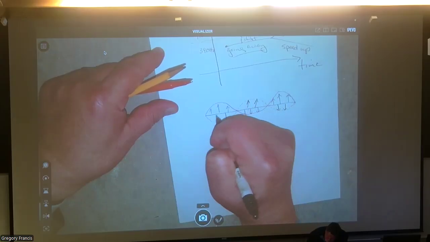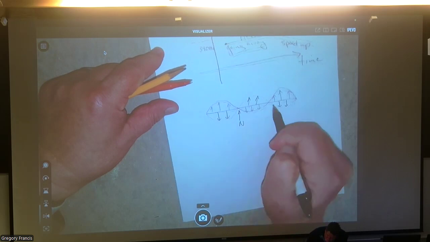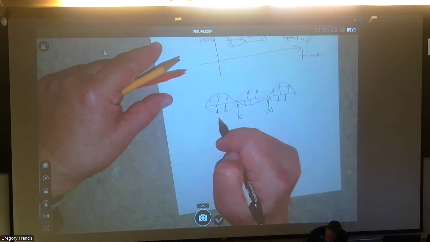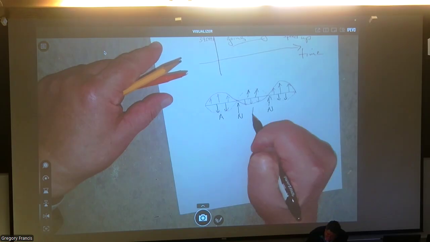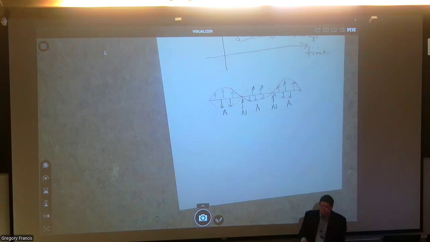And where I have a node, there's no movement. And where I have an antinode, that's the fattest part of the football, I have the most movement away from equilibrium.